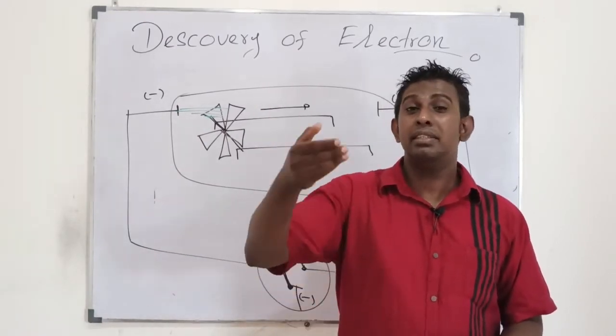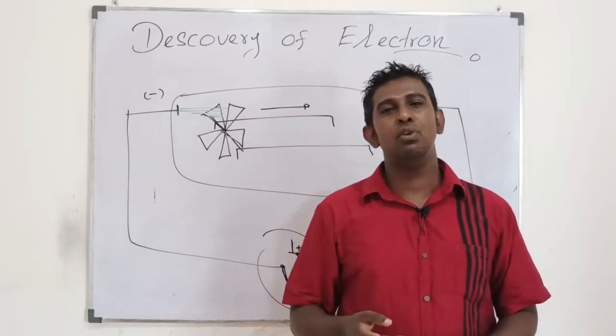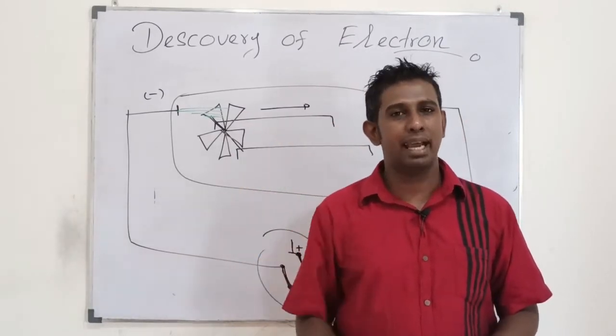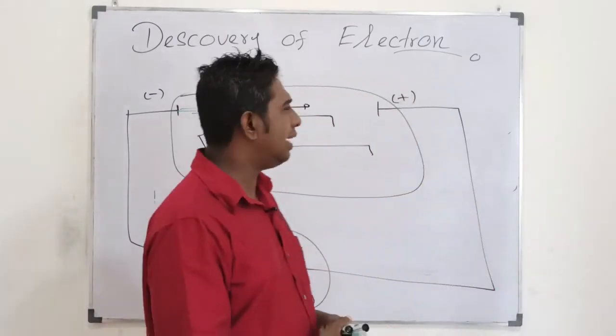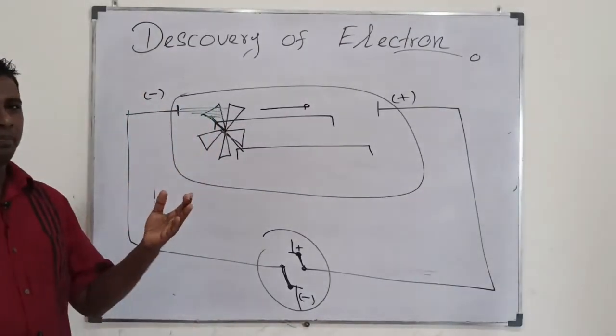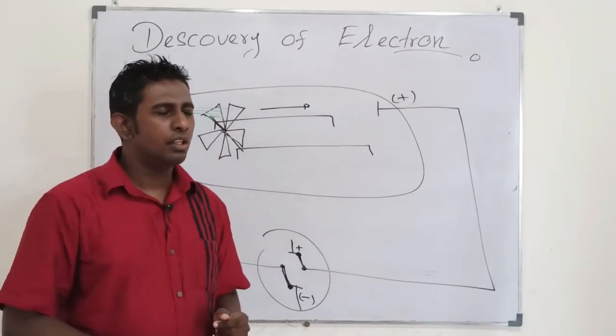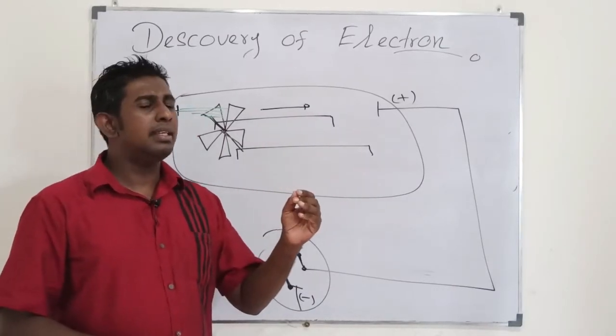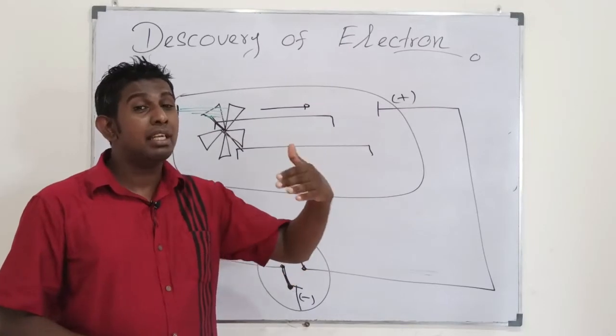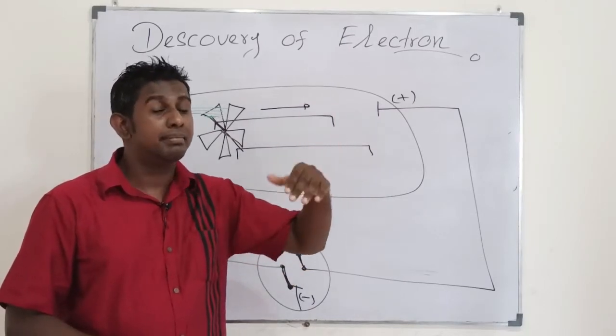So when there is a momentum difference, only then would an imbalance force be applied. So the cathode rays are giving a momentum change. Then these cathode rays are having a momentum.